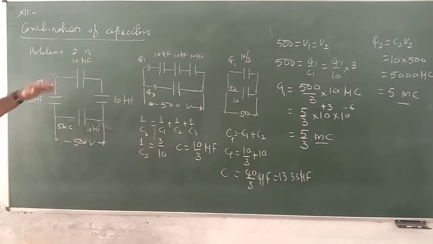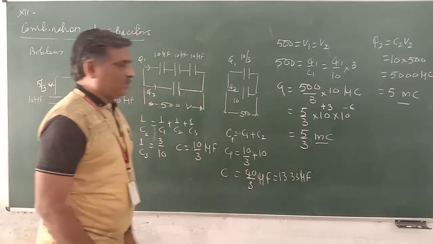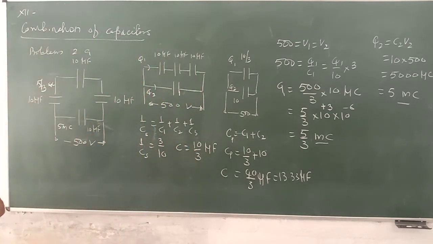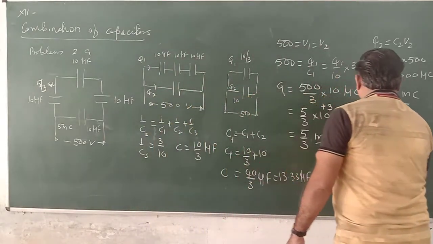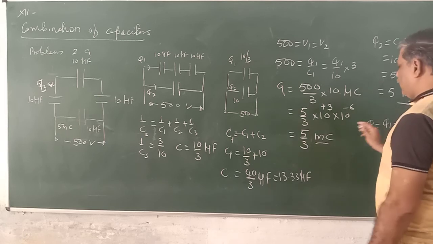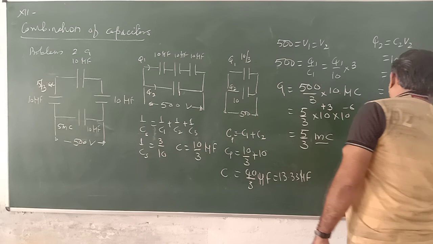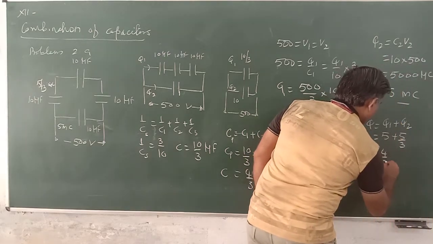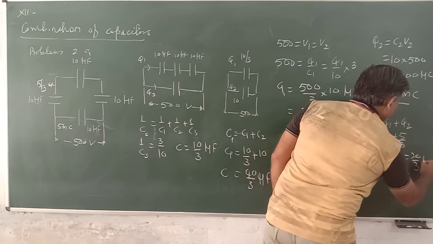The total charge is Q equal to Q1 plus Q2, which is 5 plus 5 by 3, which becomes 4 by 3 into 5, that is 20 by 3 millicoulomb.